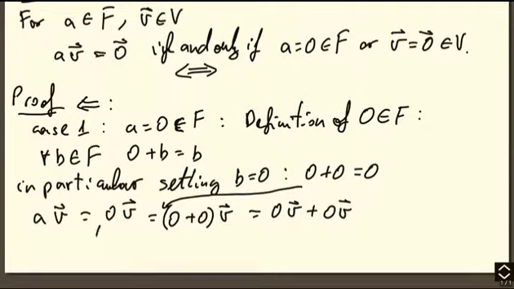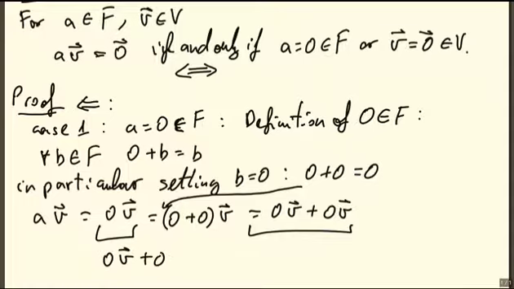Then we compare in this equation these two parts. And let me write this down again. So we have 0V plus 0V equals 0V. This is all in V, which is an abelian group with additive inverse.